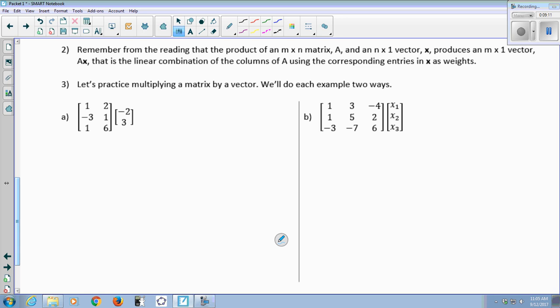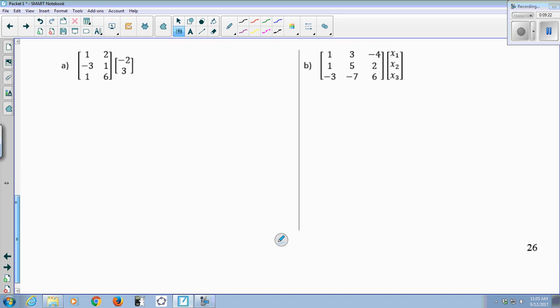And there's actually another way to think of the multiplication. I'm going to show you the 2 ways, because again, sometimes one is easier than the other to think about. All right, so I'm just going to draw a line here so that we can have room for our 2 methods. So for this, you take each column, use the corresponding entry as a weight, and then add them together.